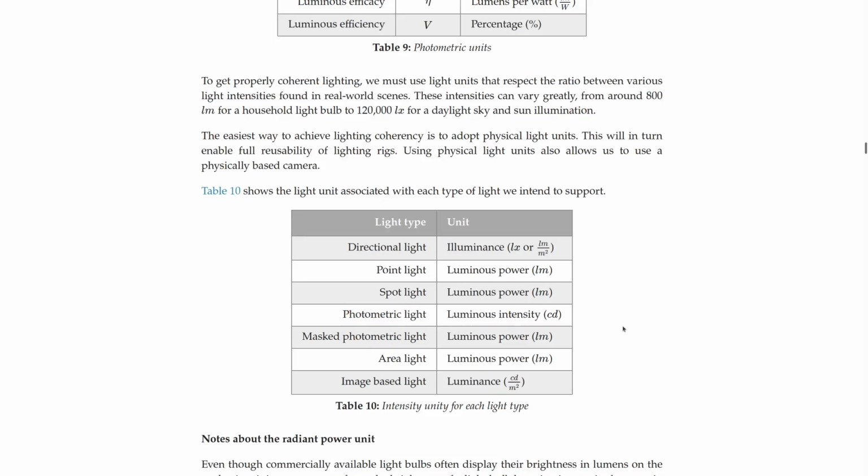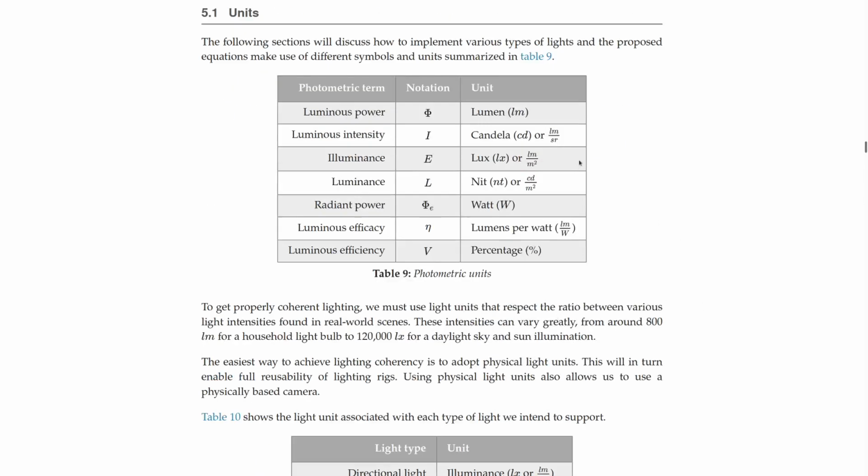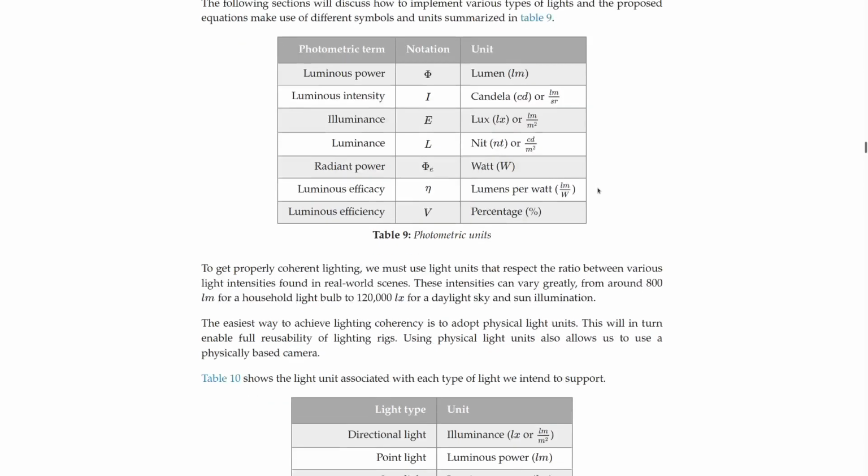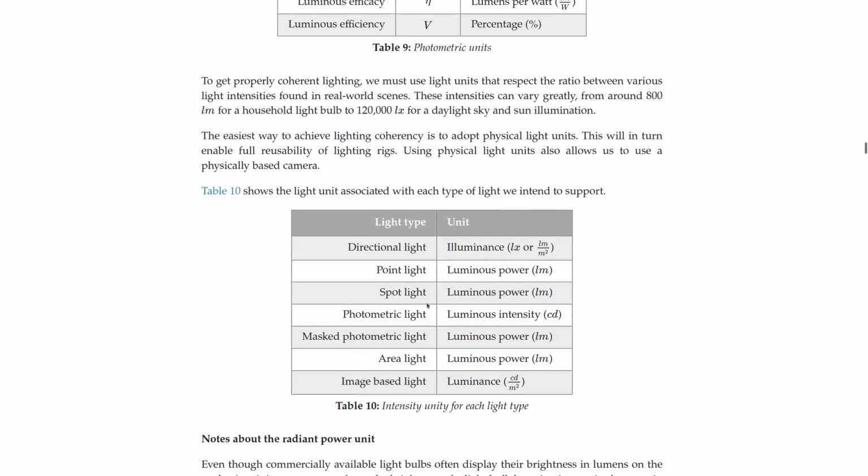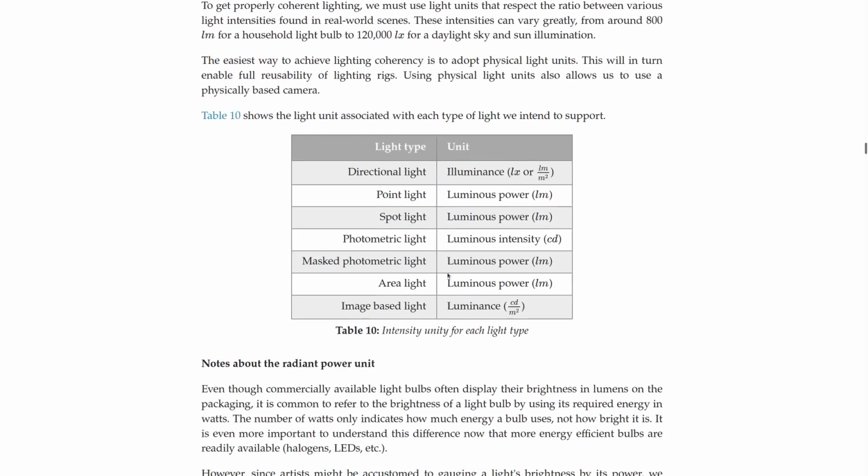The mysterious photometric light is defined in terms of candela, which is per unit of, yeah, so this is maybe instead of a point light, a light that's defined like a cone, maybe, something like that. It's only part of a point light. I'm not exactly sure what the idea is there.